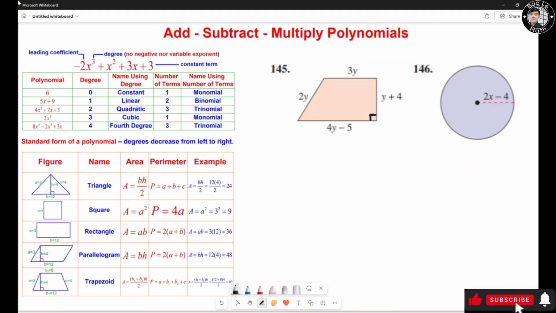Now let's move on to the last two examples. Now we need to calculate the area of the trapezoid, right? So we look at this one right here. We see that the area of the trapezoid is base 1 plus base 2 times height divided by 2, right? This is my base 1. This is my base 2.